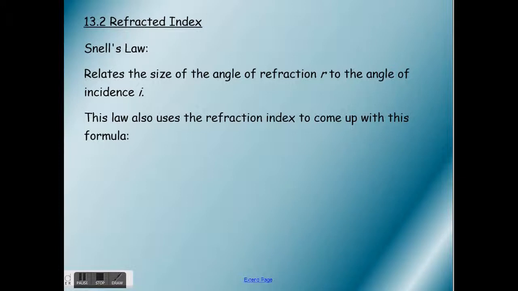If we have some medium, light going in this way, and then it refracts in another direction, we talked about this being the angle of incidence, so that's I, and this here being the angle of refraction, which is R. This law is used to relate the change in these angles, so being able to find the different angles.